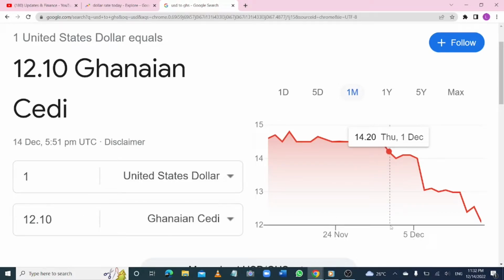Then it came to 14 cedis 20 pesewas, then down to 14 cedis, and again to 14, and then it dropped to 13 cedis to $1. And right now the cedi is at 12 cedis 98 pesewas to $1.